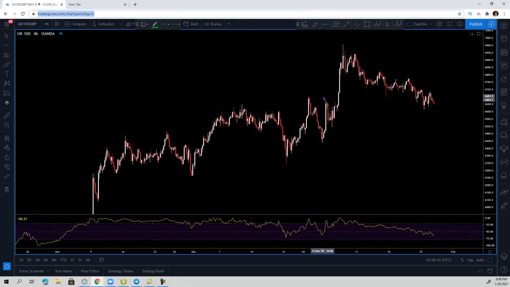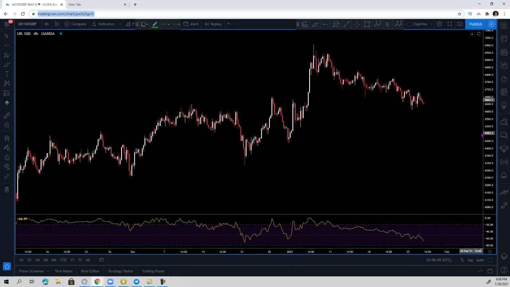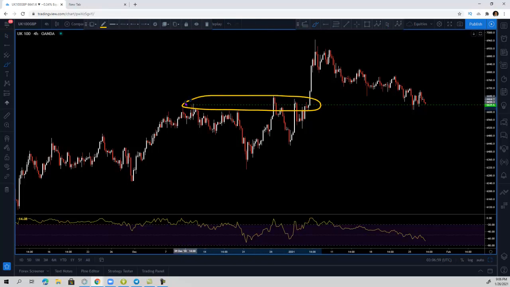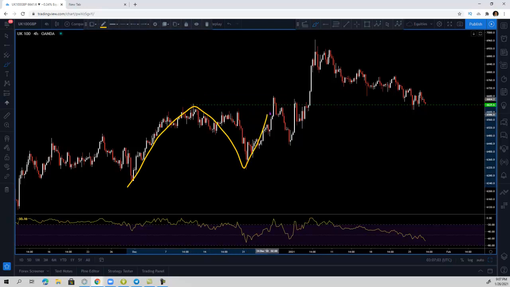So this is a high probability trade. Why? Because there's a lot of items on my checklist that have been checked. For example, the first one that I found was this: we are retesting this strong level of resistance. We were testing this level, and sellers were trying to break through, and eventually they did.